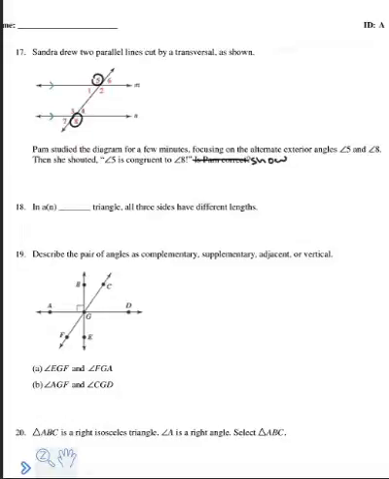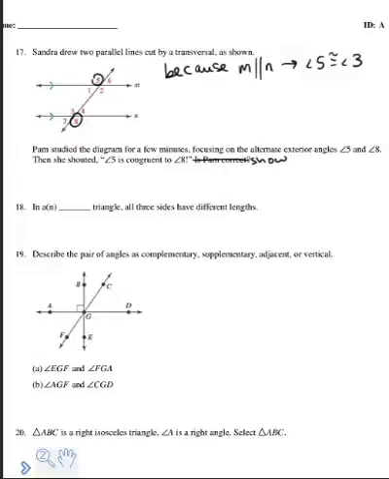So we could say, because M is parallel to N, angle 5 is congruent to angle 3.